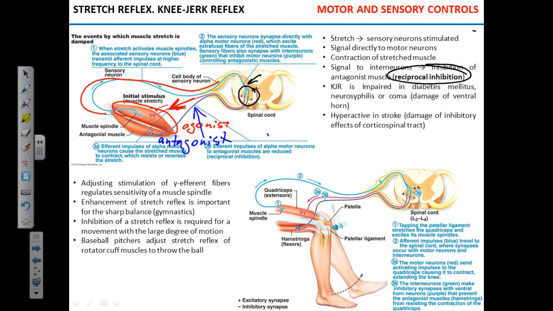Agonist is the monosynaptic because sensory neuron and motor neuron synapse directly. There's a single synapse. And therefore, the inhibitory reflex to the antagonist muscle, reciprocal inhibition, is polysynaptic. Does that make sense?